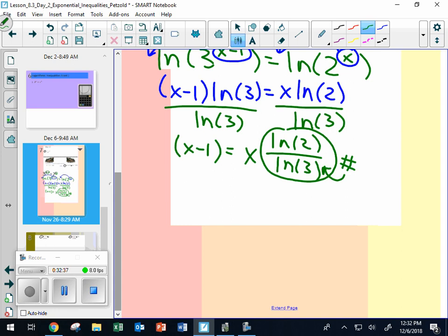And since it's a number, I'm going to end up with x minus 1 is equal to some number times x. And if I want to solve this algebraically, doesn't that mean I just need to move all of my x terms over to one side? So I'm going to say, okay, I have x here, and then I'm going to subtract whatever this number is times x. And that's subtracted by 1, and that'll equal 0.